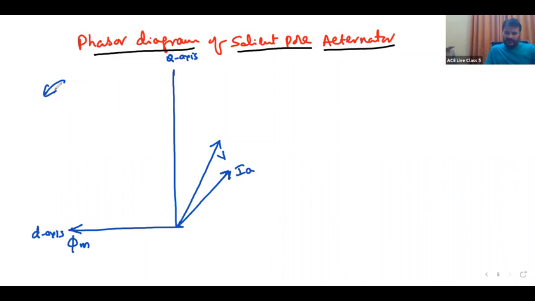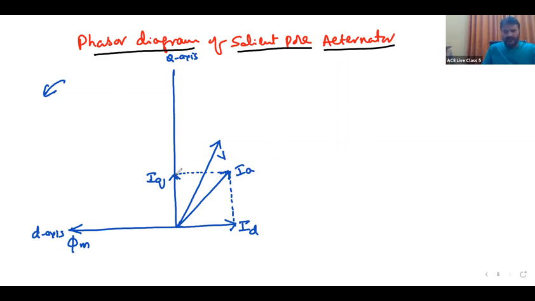Now IA can be divided into two components: one along the direct axis, ID, and another along the quadrature axis, IQ.